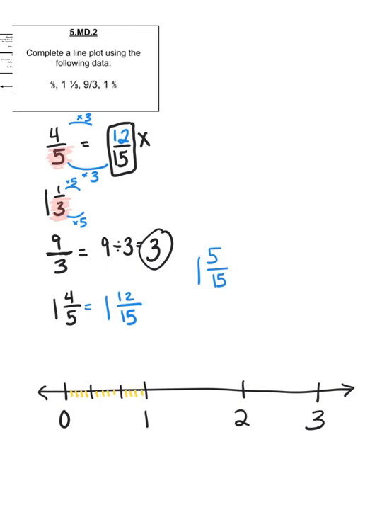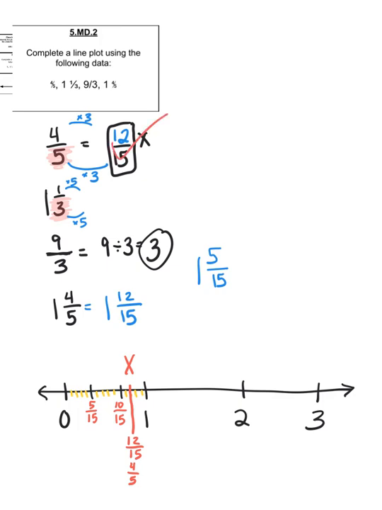Okay, so 12/15 would be located right about, this is 5/15, 10/15, 11/15, 12/15 is right here. And that is the same as 4/5. Now I put an X on top to represent that value. Okay, I did that one.